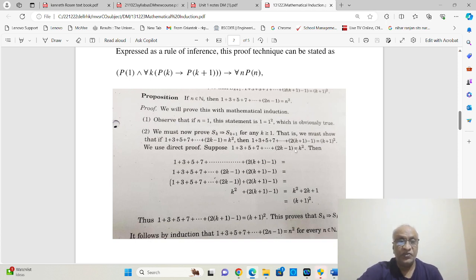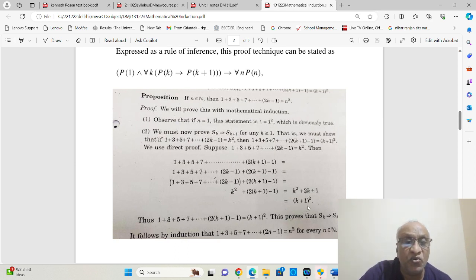1 plus 3 plus 5 plus 7 plus 2k minus 1 is equal to k square. Then that can be represented as 2k plus 1 minus 1, which again can be represented as 2k minus 1 plus 2k plus 1 minus 1. So, this ultimately comes to k plus 1 whole square.